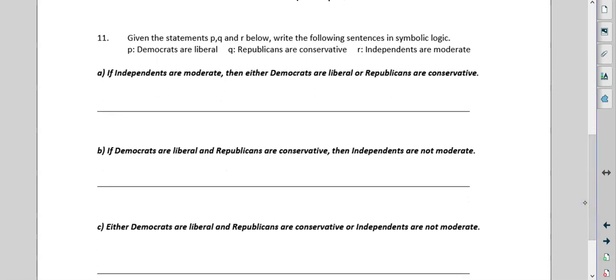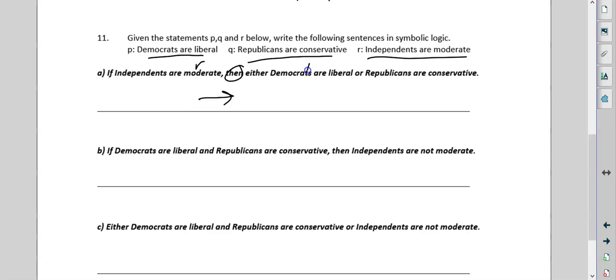All right. So we're assuming these are all true statements here. Okay. So Democrats are liberals, P. Republicans are conservative, Q. Independents are moderate, R. Okay. We're not evaluating the truth or falsehood of this. We're just looking at what we have. So I have if independents are moderate, that's my R. Then, so we know we have an if-then statement.